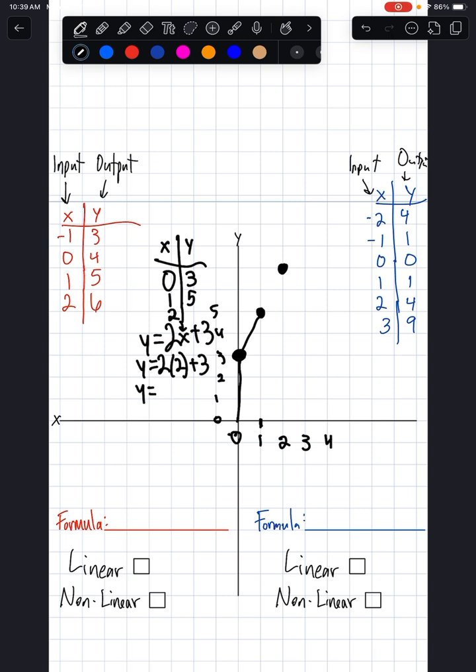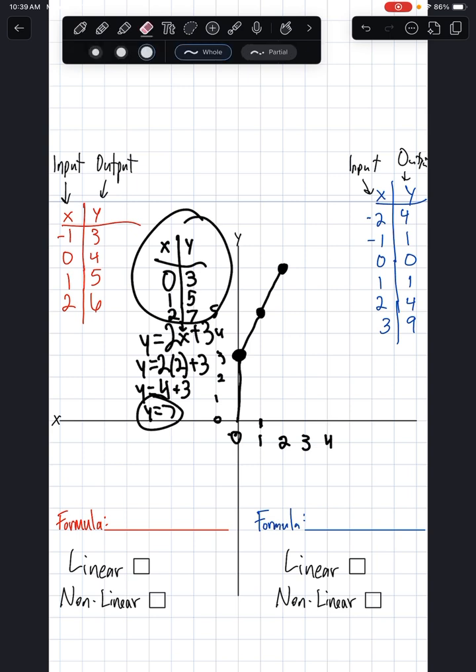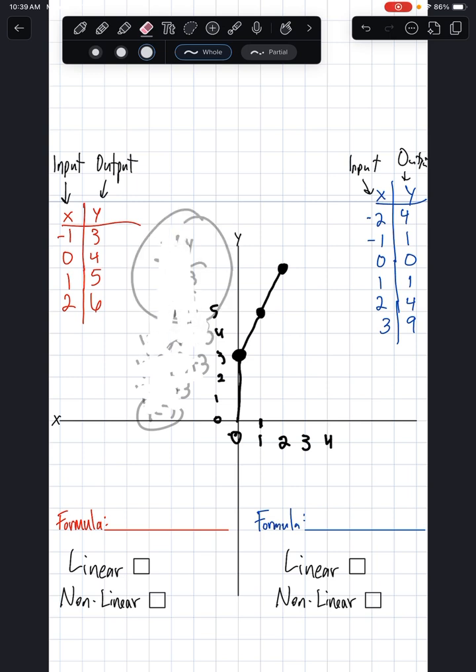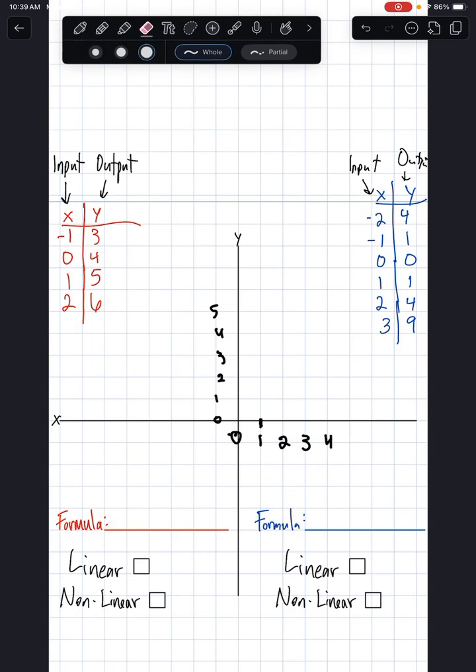Y equals 2 times 2 is 4, plus 3 still. So y equals 7. That's our next output, which is that point right there. So that's the method of using the table to plug it in. I'm sure you guys have seen that already, and if you need to go back and look at something, pause the video, feel free to do that. But all right, we're going to move on.